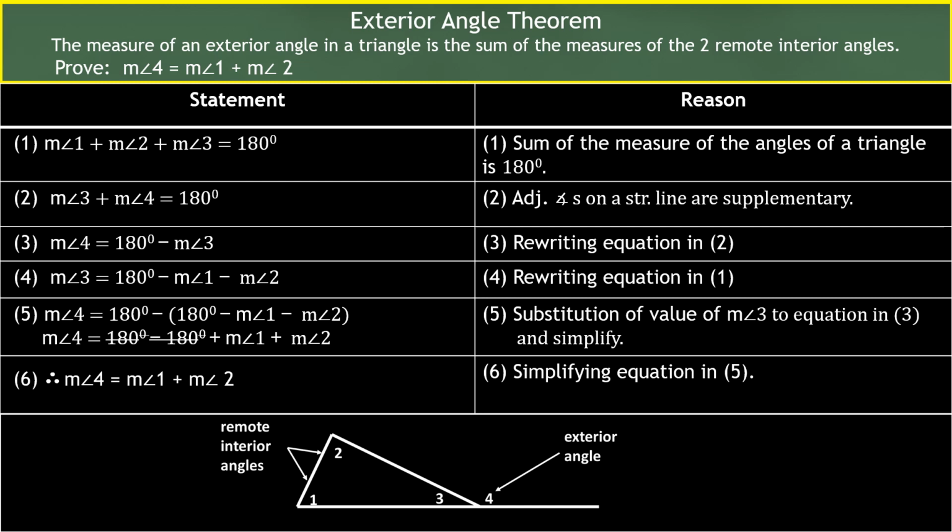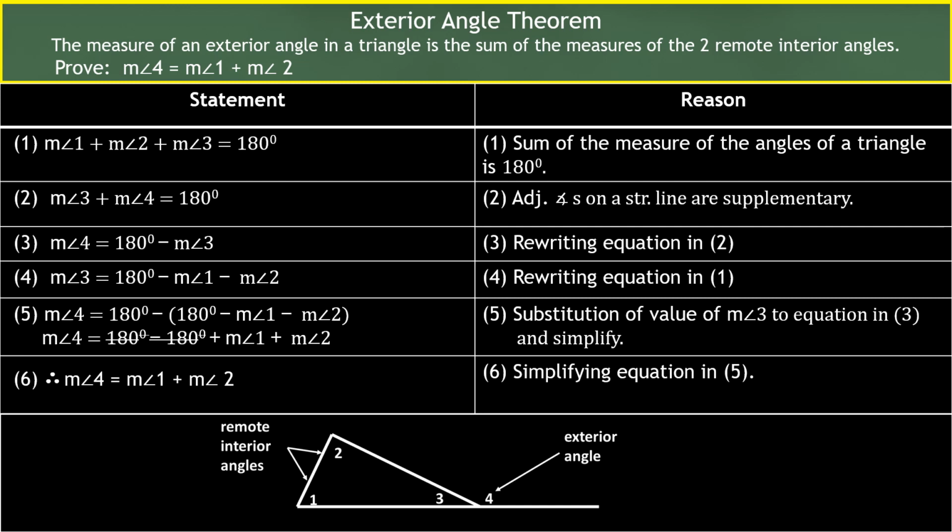This cancels out 180 degrees. Therefore, the measure of angle 4 is equal to the measure of angle 1 plus the measure of angle 2. By simplifying the equation, we have now given the proof that the measure of the exterior angle is equal to the sum of the measures of the remote interior angles.